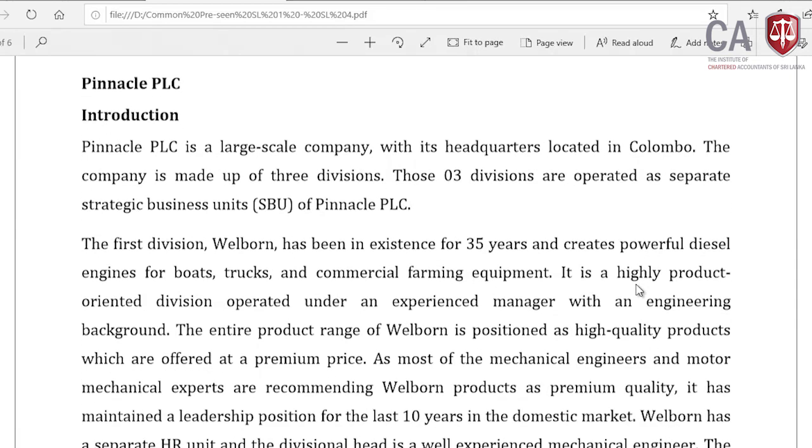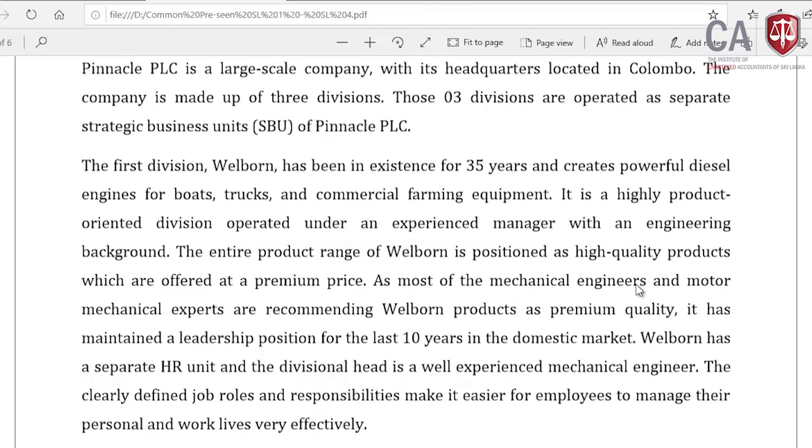It is a highly product oriented division, operated under an experienced manager with an engineering background. Since they make engines, they are more related to being product oriented, which is headed by an experienced manager.